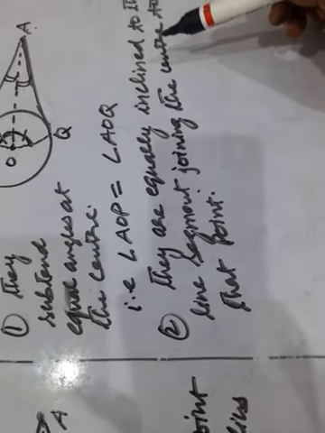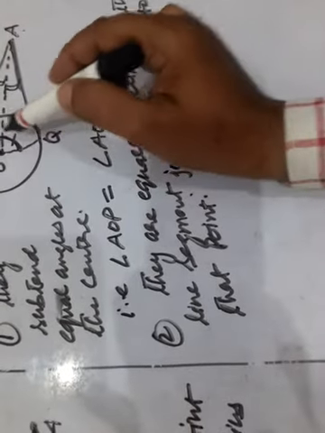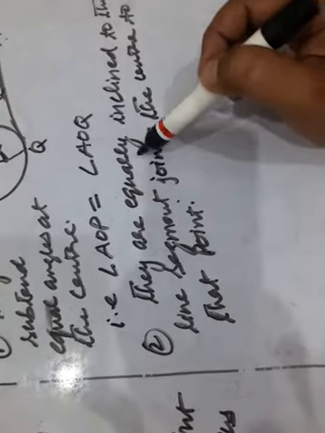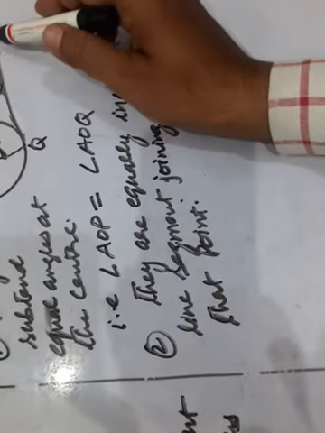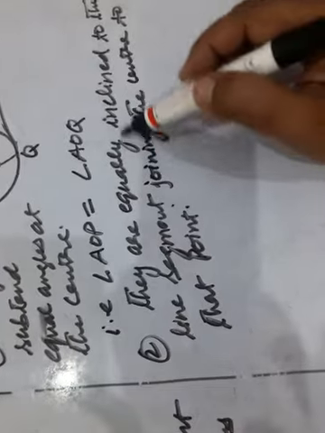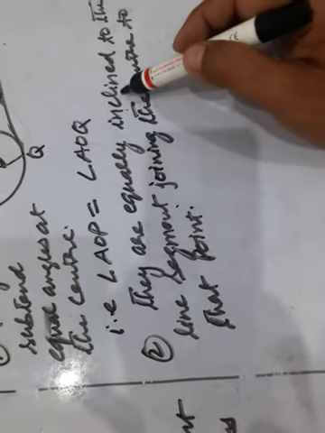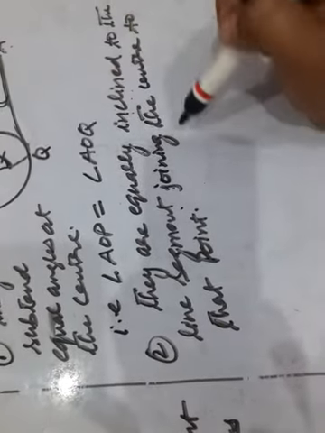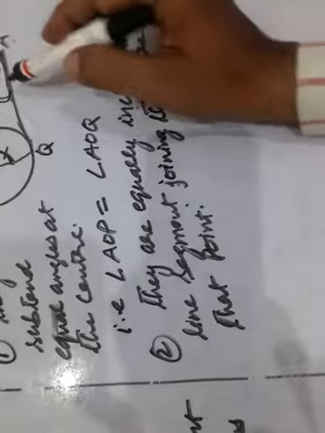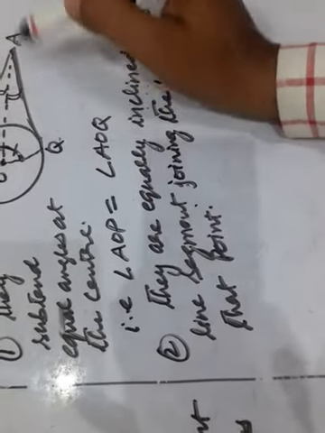Okay. So when two tangents are drawn from an external point, they subtend equal angles at the center, that is, this angle equals this angle, and they are equally inclined to the line segment. Which line segment? OA. Clear? Inclined means their angle is equal. They are equally inclined means their angle with the line segment OA, joining the center to that point, means this angle PAO equals angle QAO.